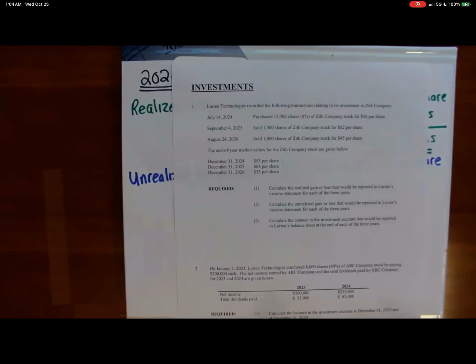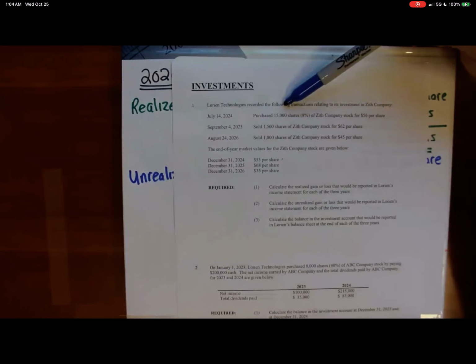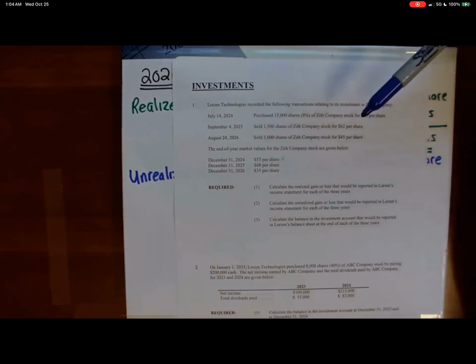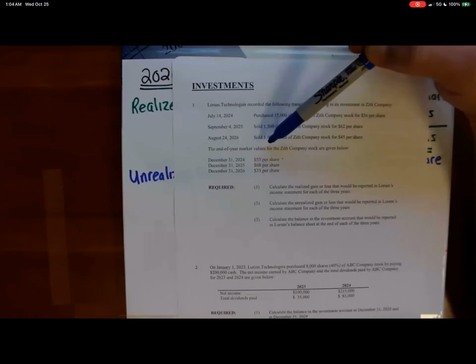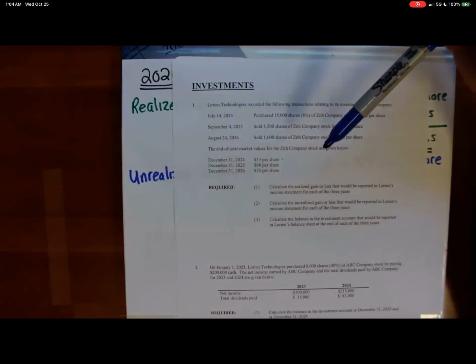This is based on the shares we still own. Started with 15,000, sold 1,500. So at the end of 2025, we had 13,500 shares. We then sold another 1,000 shares on August 24th.